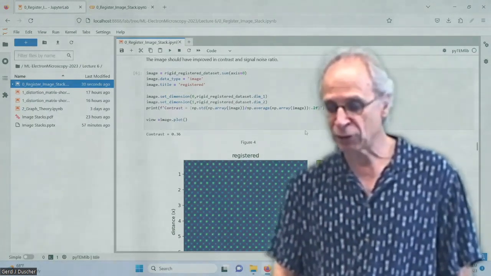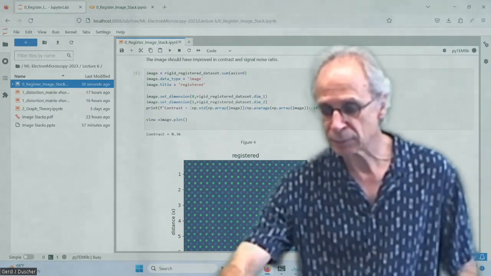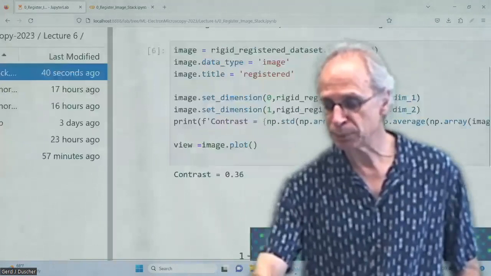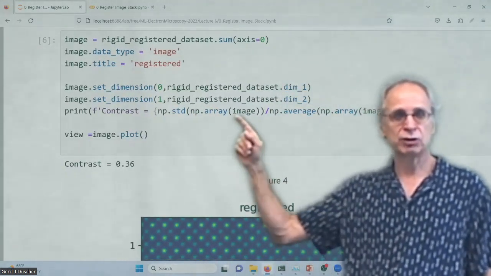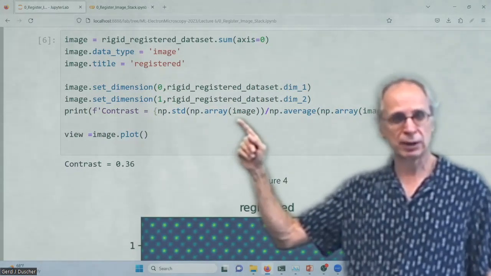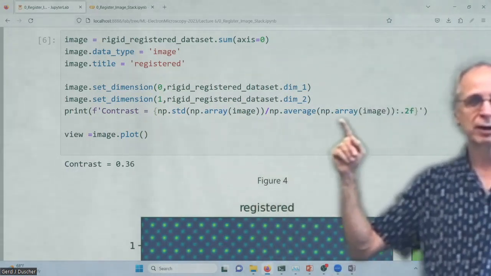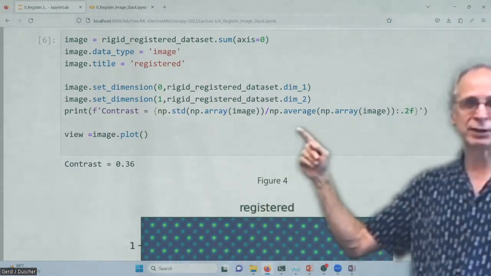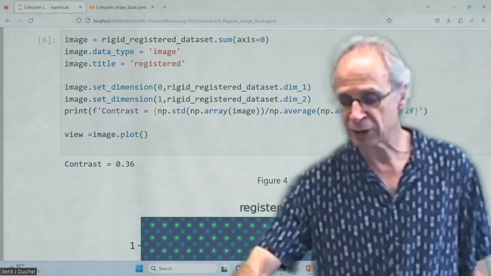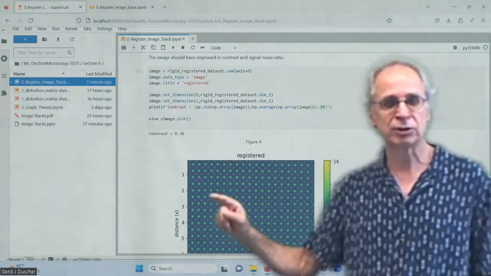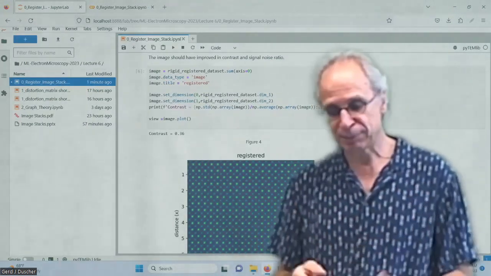And so we have to think about what is contrast. You can look at this definition that is usually used for contrast. It's the standard deviation of an image divided by the average of the image. That's what we usually use as contrast, and we get a contrast of 0.36. So this is a very good data set.